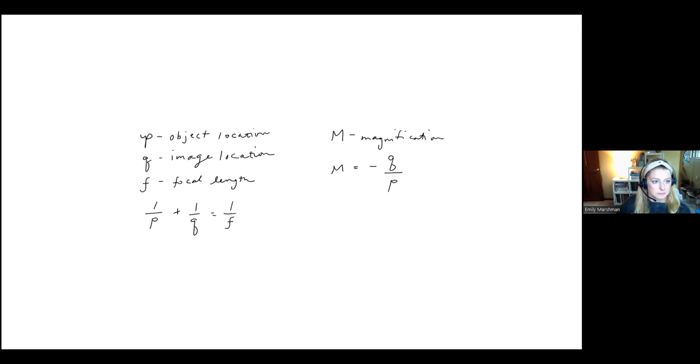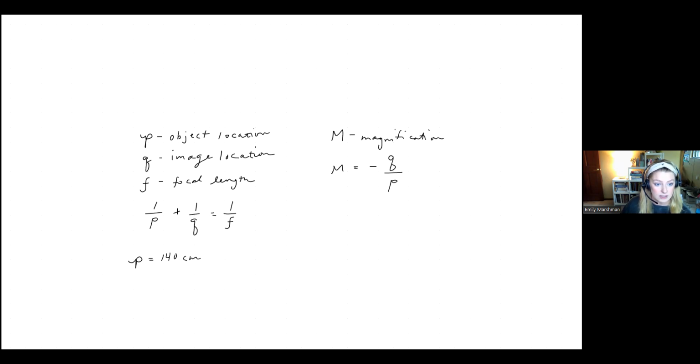Okay. So we said our object was located 140 centimeters in front of the mirror. Object location is typically positive if it's in front of the mirror. So in this case, the object was at 140 centimeters.